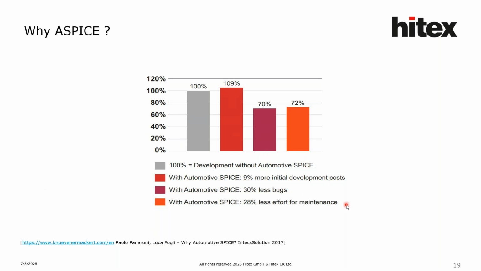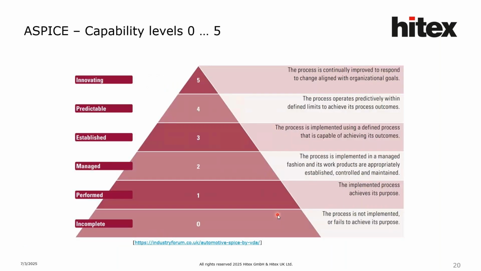So the key message is, even if you have a little bit of initial development cost, 9%, you save a lot of cost with respect to fewer defects, and you are saving a lot of maintenance cost as well. So in order to save your project and product cost, do it right the first time. You should do ASPICE or any process development as part of your system or software development from the beginning, not at the end of the project. That's the key message all about it.